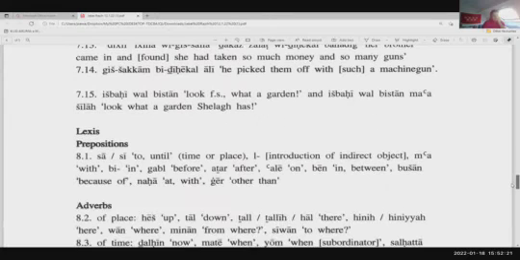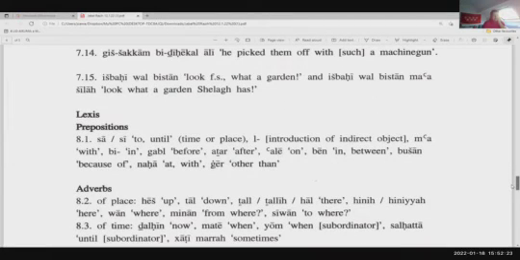Right, in terms of the lexis, there are some interesting prepositions. So we've got sa or si in the sense of to or until, and you find this in Sabaic, in ancient South Arabian. Athar is after, and naha is at or with.